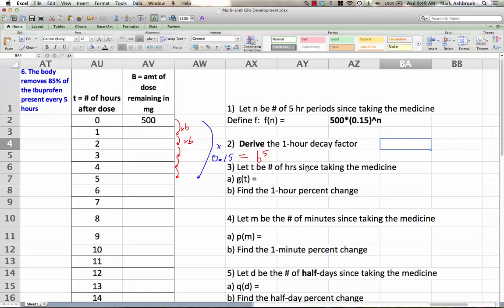B to the 5th equals 0.15. Therefore, B equals 0.15 to the 1/5. Solving for B, B is 0.15 to the 1/5. And what does that equal?